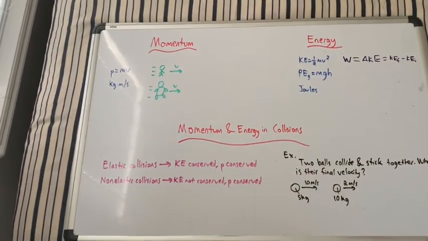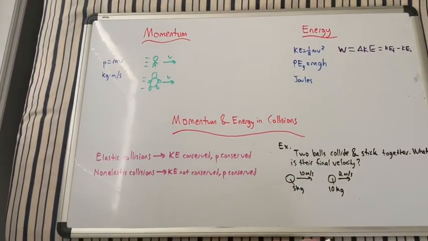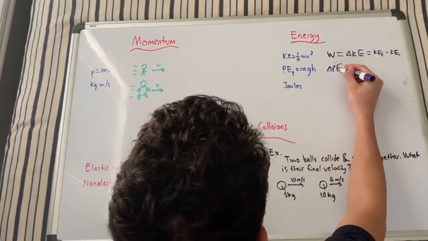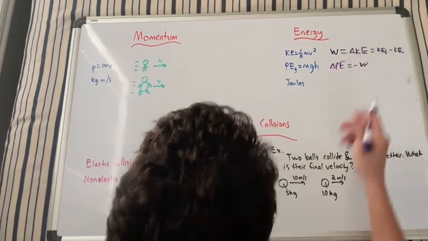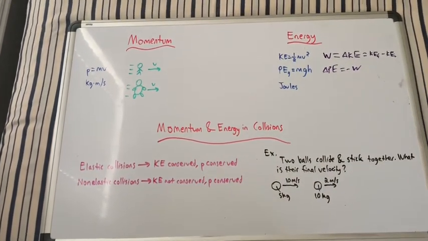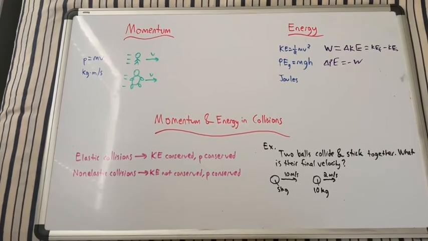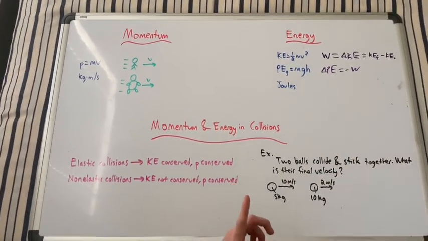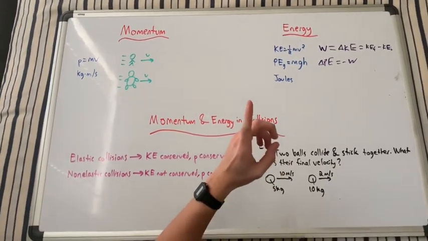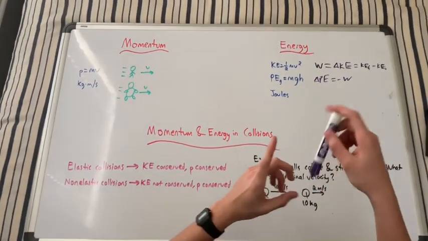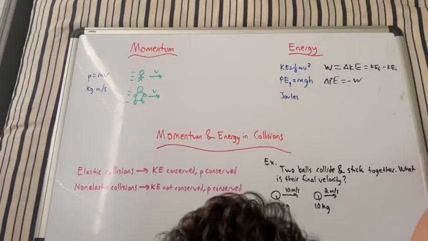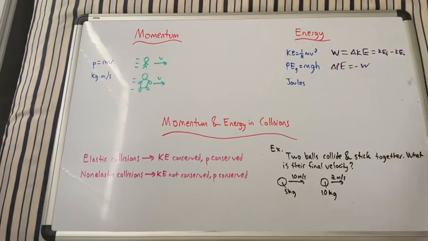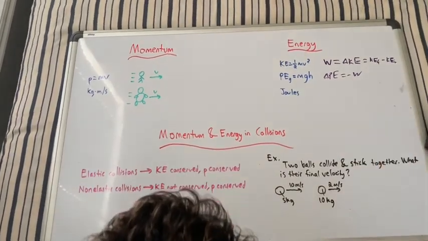Another important distinction is that change in potential energy is equal to the negative work. That's because the force of gravity is opposing the motion. If you're pushing something upward, gravity opposes the direction of motion, which gives a negative value for work.